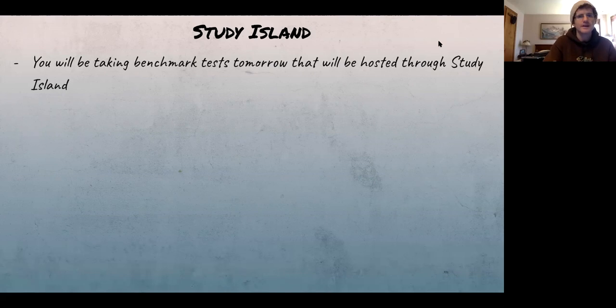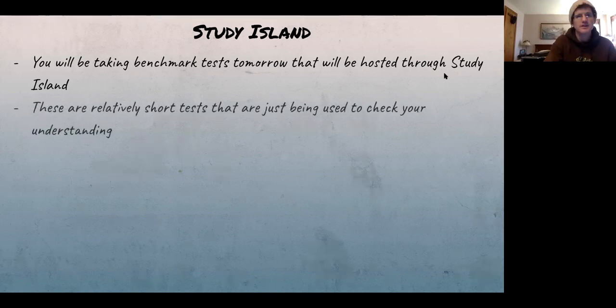I'm just giving you a heads up for today that we're going to be doing some benchmark tests through Study Island. These benchmark tests are just being used to check your understanding. They're relatively short. It's going to go back to the first stuff we talked about and the unknown angles.